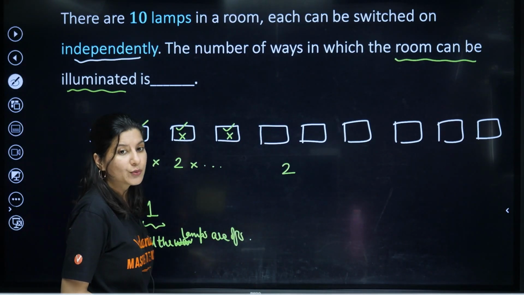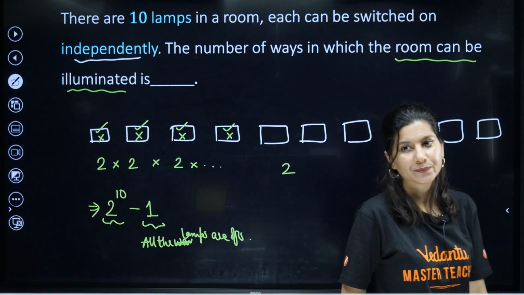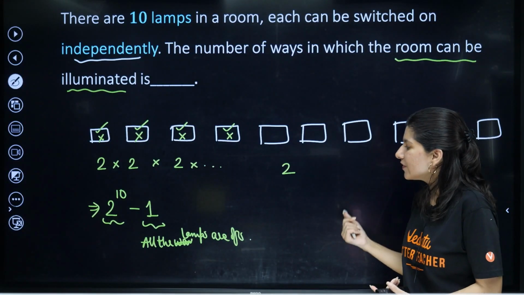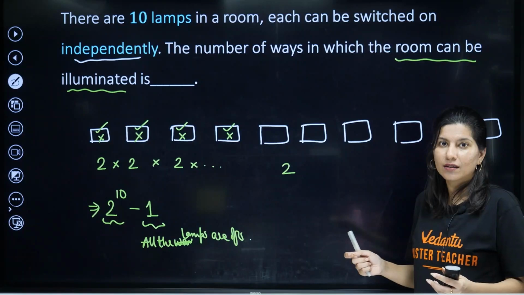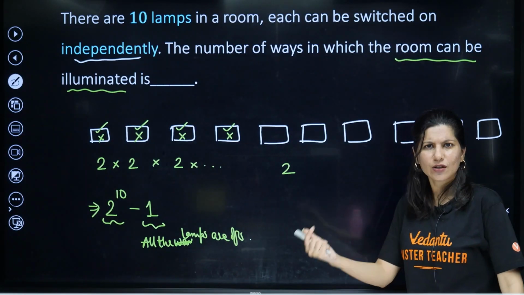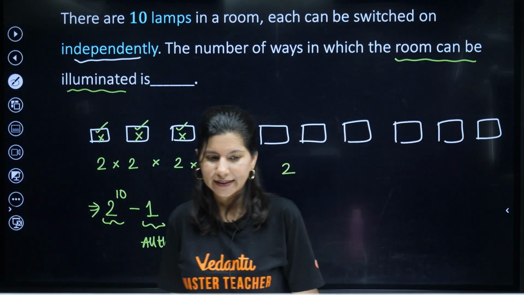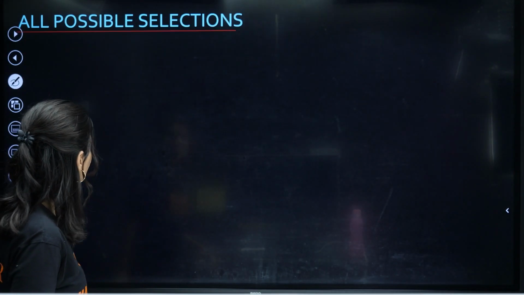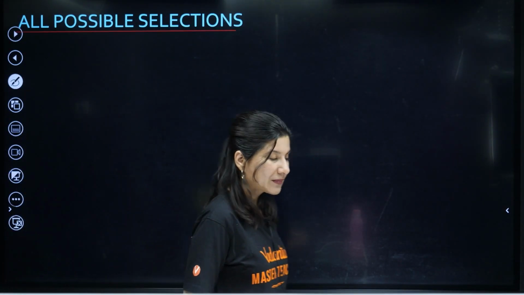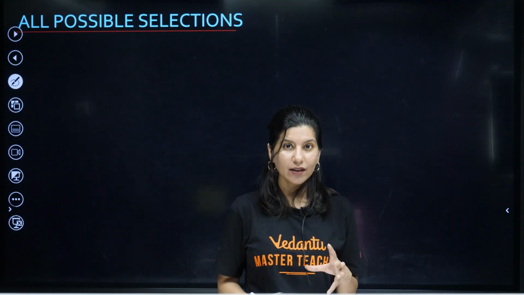So this is the answer, 2 raised to power 10 minus 1. So this is a way of saying at least one lamp is burning or is switched on. Clear? Okay. Alright.